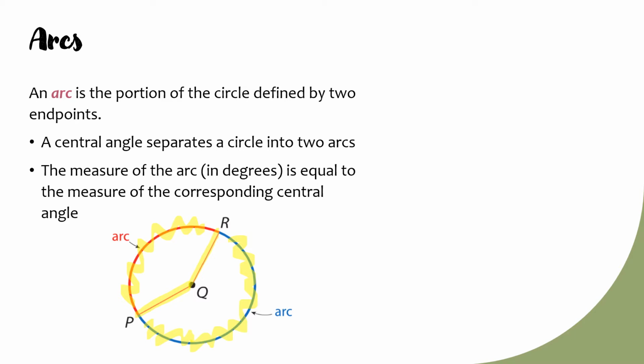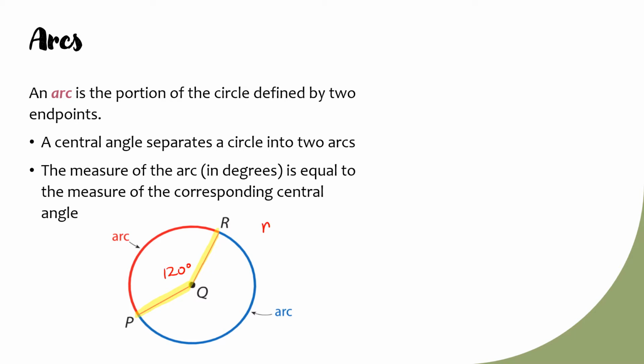Now, the measure of an arc, if we're measuring it in degrees, we call that the arc measure, that is going to be equal to the measure of the corresponding central angle. So we don't have any actual angle measures given here, but let's just say this angle measures, I don't know, it kind of looks like 120 degrees.